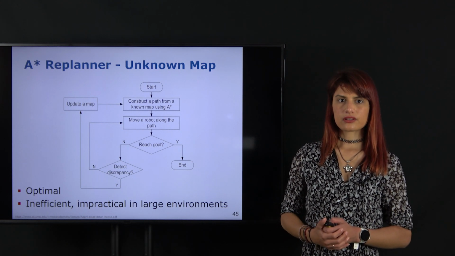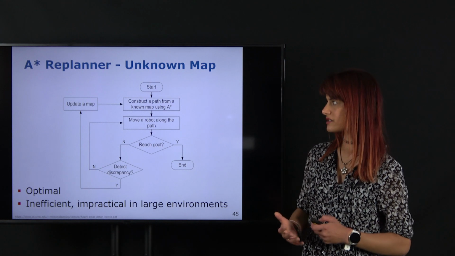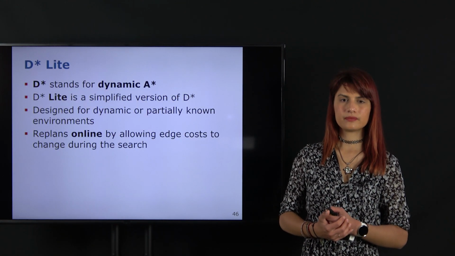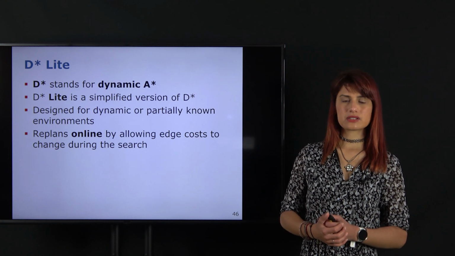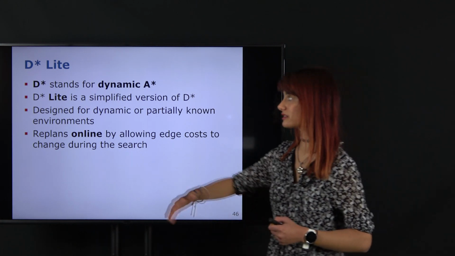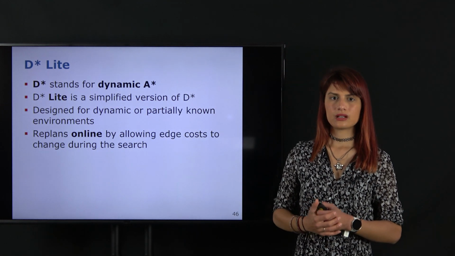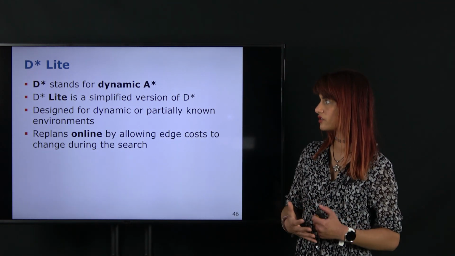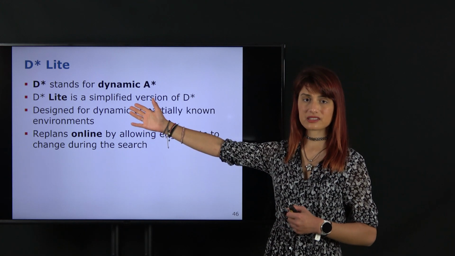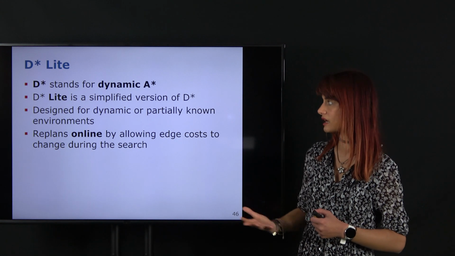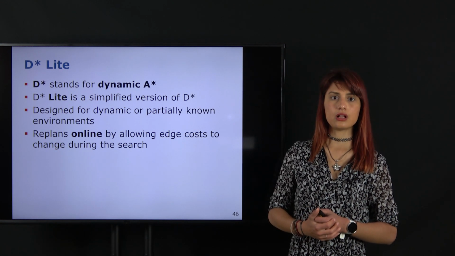The final algorithm that we look at in this lecture addresses this issue. It's called D-Star Lite. D-Star Lite is based on an algorithm called D-Star, which stands for Dynamic A-Star. D-Star Lite is the one that we cover here because it's a simplified version and also preserves a lot of the nice properties of the original algorithm.